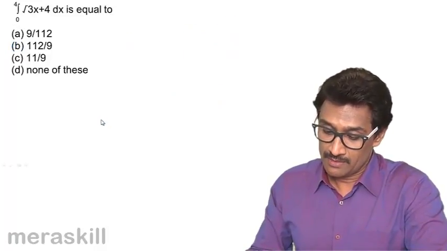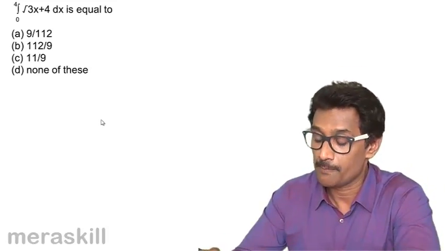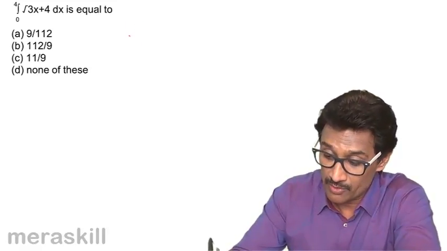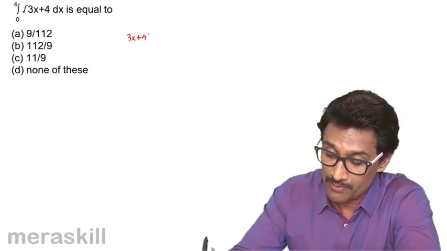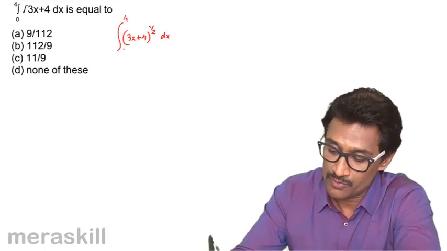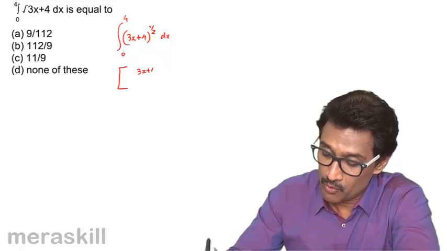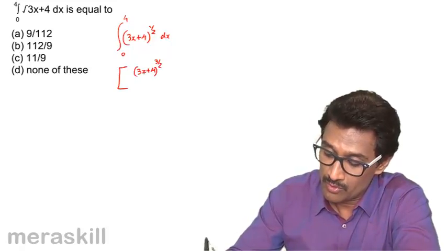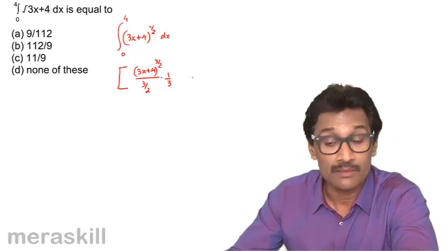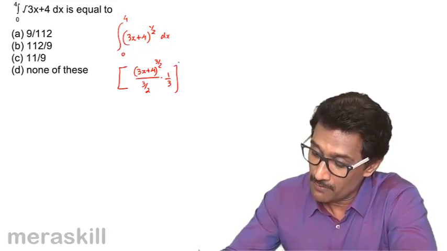Now we have the integral of root 3x plus 4 dx, what is it? So it's going to be 3x plus 4 raised to half dx from 0 to 4. So it's eventually going to be 3x plus 4 raised to 3 by 2 upon 3 by 2 into 1 by 3, because of this one. So eventually it's going to be from 0 to 4.